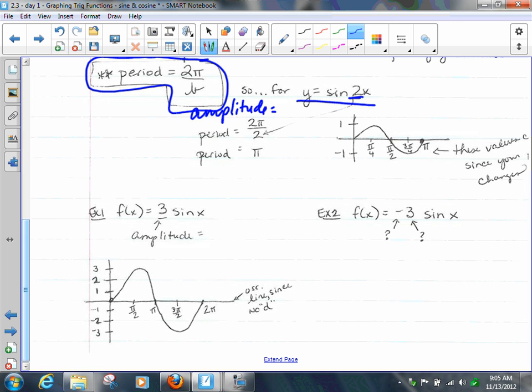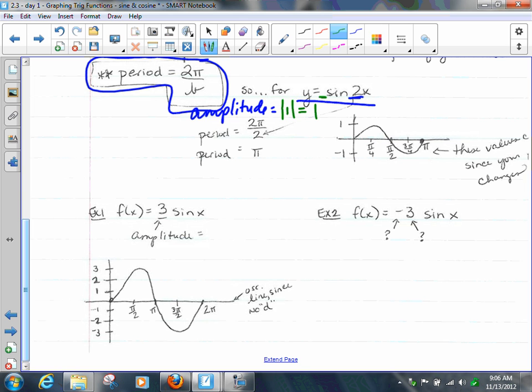I want you to write that in, okay? The amplitude is the absolute value of A. It's the absolute value of the number in front of the function. Well, what number? It's there, but it's not there. 1. So the absolute value of 1 is 1.